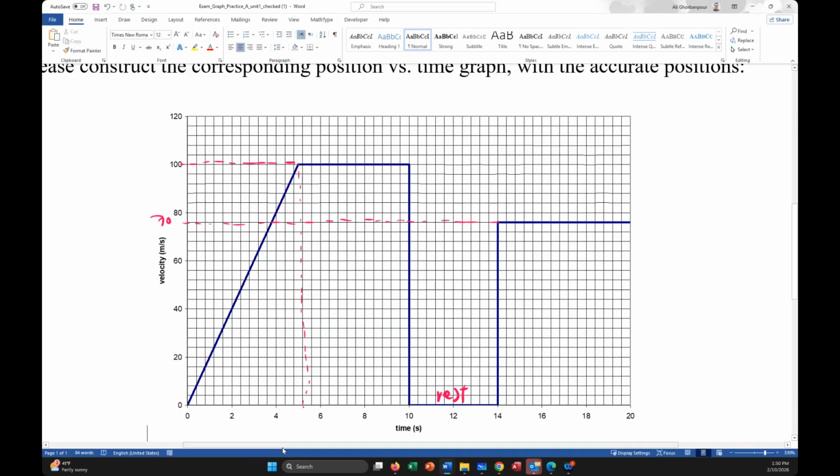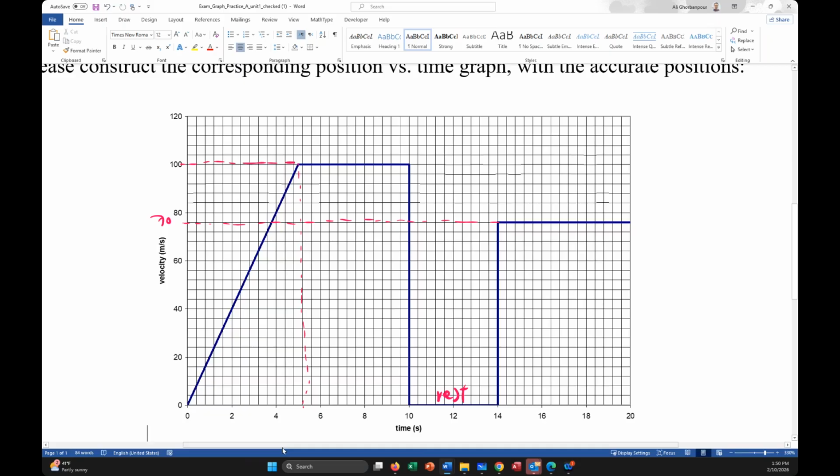Make sense? The straight down lines are just suddenly some change happened, in a very, very small time.